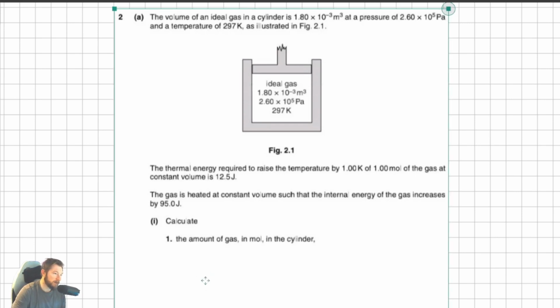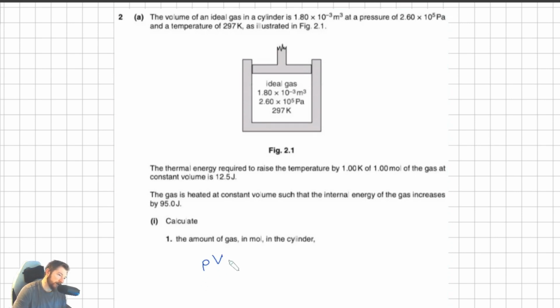Okay, so for part 1, this is a PV equals nRT equation, where n, little n, represents the number of moles. We can obviously rearrange that to make n the subject. If you substitute in the numbers that we've been given, we've got the pressure up there, we've got the volume in meters cubed, we've got R, the molar gas constant, of 8.31.